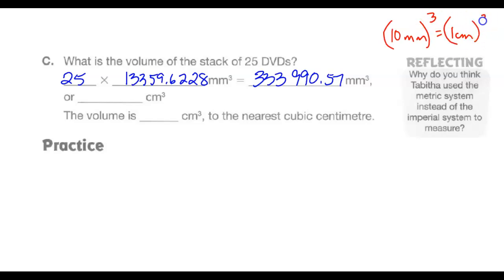So if we cube that, there would be 1,000 millimeters cubed in 1 centimeter cubed, so we want to divide by 1,000. That would be 333.99057. And to the nearest cubic centimeter, the nearest whole number would be 334. Okay, so that's this chapter. So now you can work on the practice.